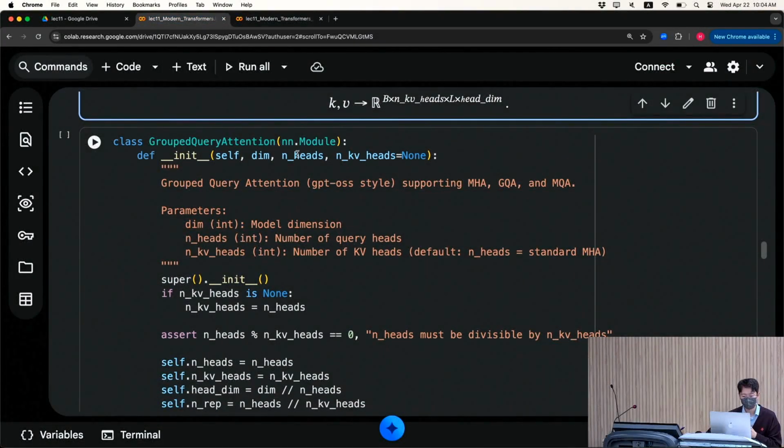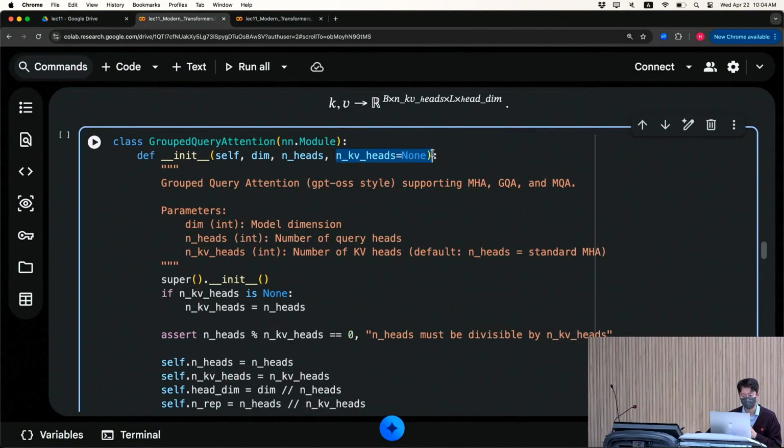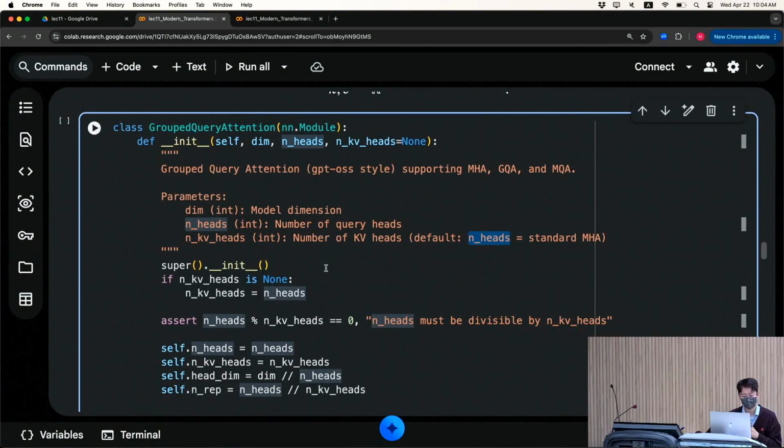So here, we now have additional parameter here, number of KV heads. If this is equal to number of heads, then that's equal to standard multi-head attention. If this is less than a number of heads, then it's implying grouped query attention.